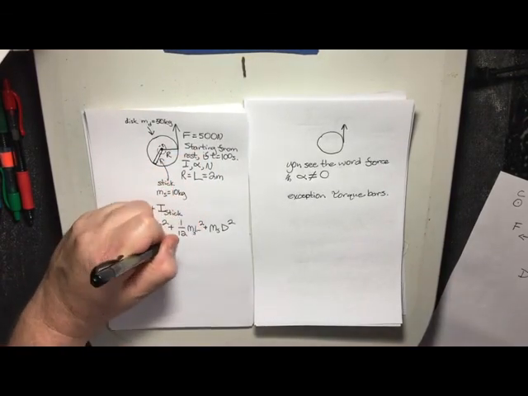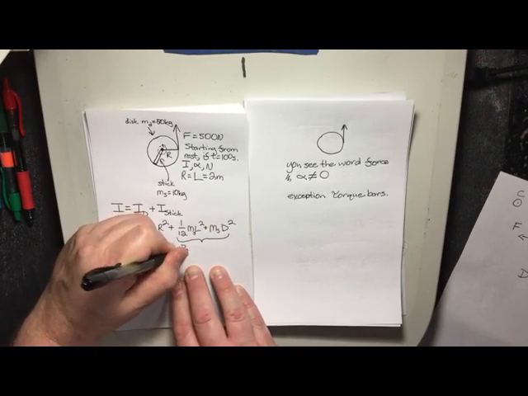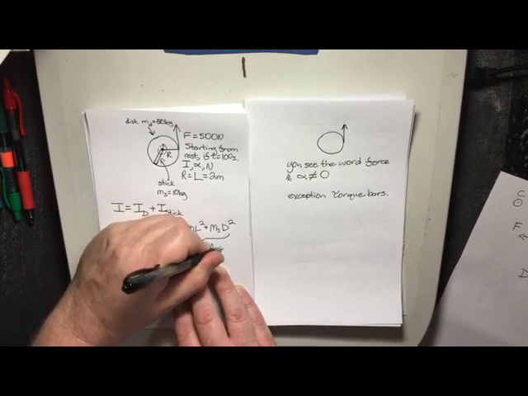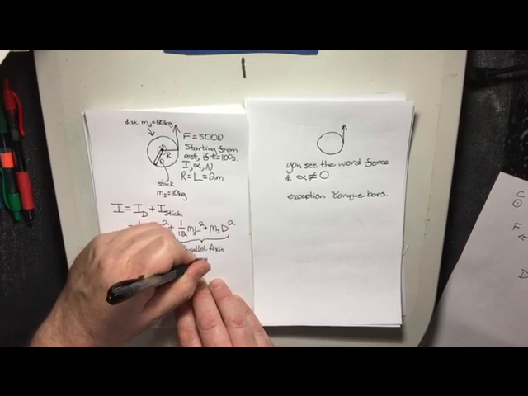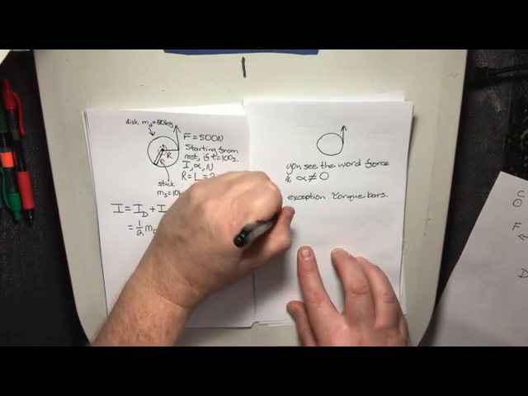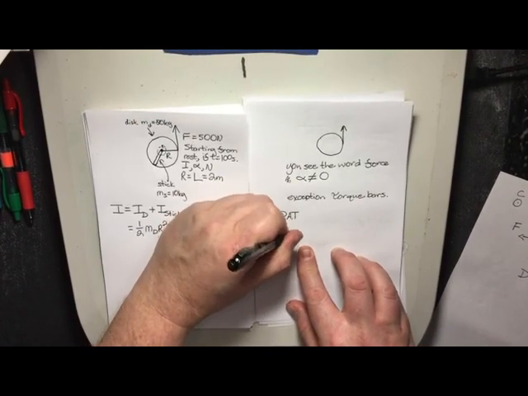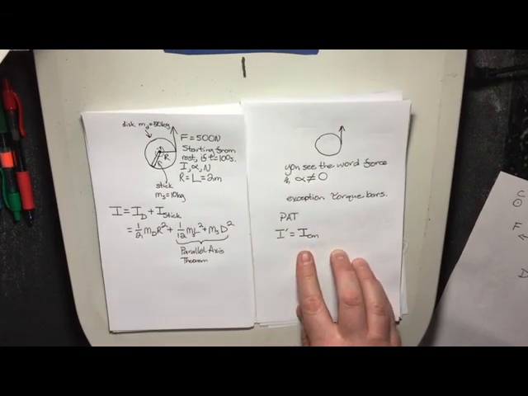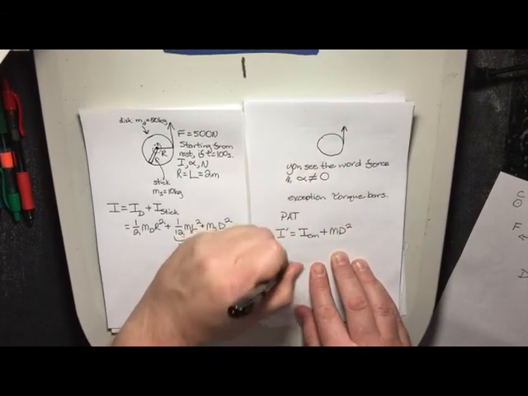Now what we're using here is the parallel axis theorem. In the parallel axis theorem, the moment of inertia of an object is its original moment of inertia about its center of mass plus md squared.